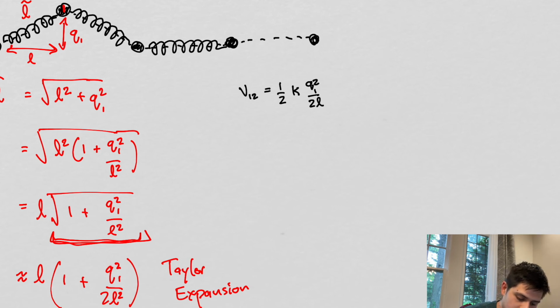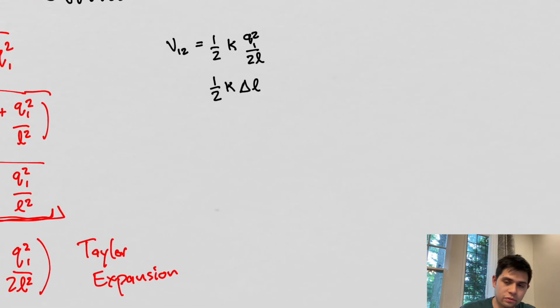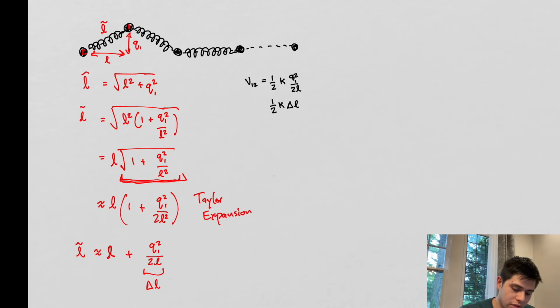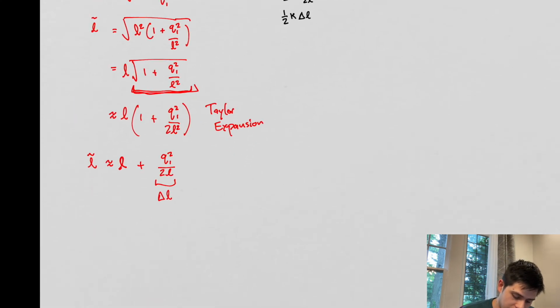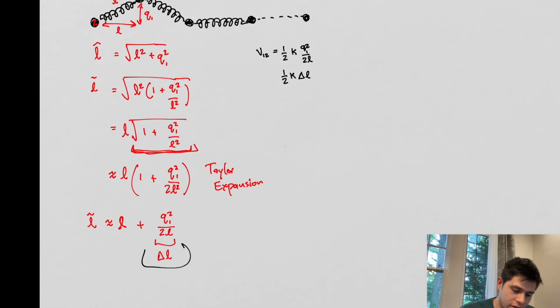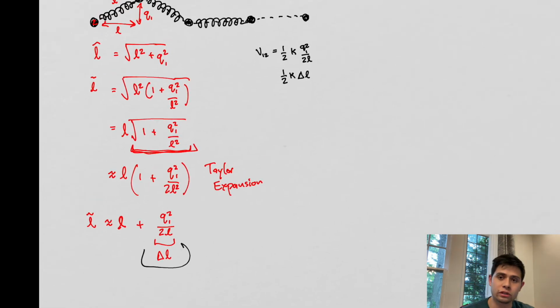Because this is 1/2 K delta L, or delta X. This is something you've probably seen before in your classical physics class when you talked about springs. So this is the reason we did this, because now we can understand what the potential energy looks like.